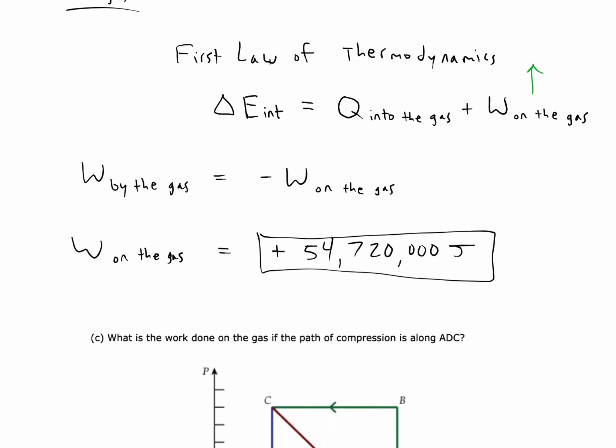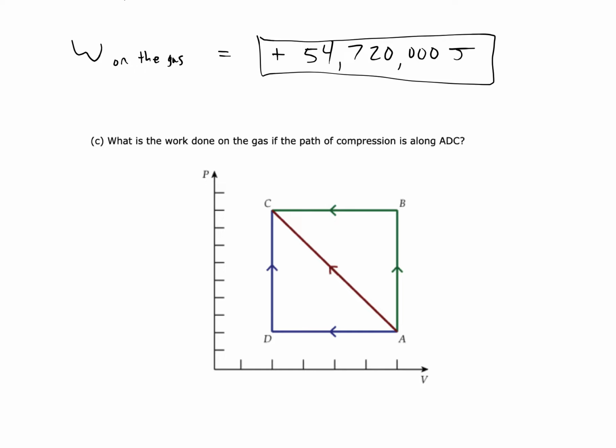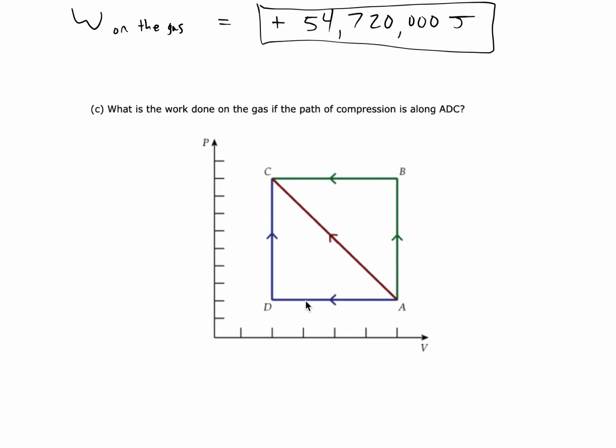Okay, so now let's examine what would happen if we took path ADC. If you take path ADC, first you're going to undergo an isobaric compression, it's called.